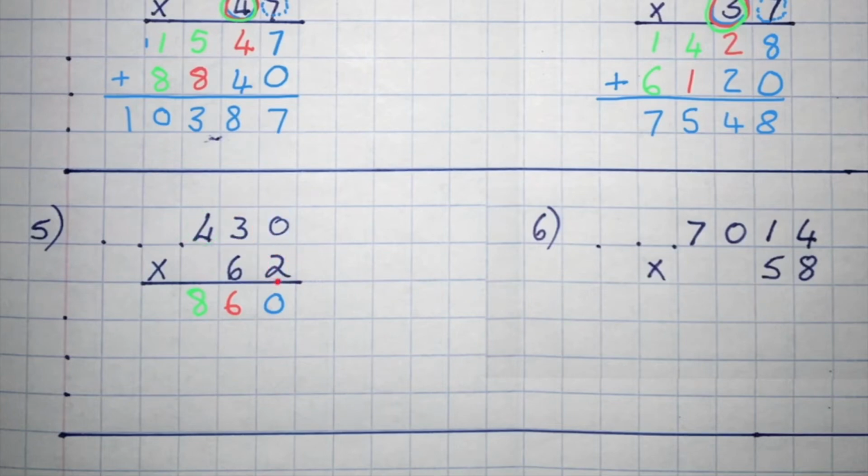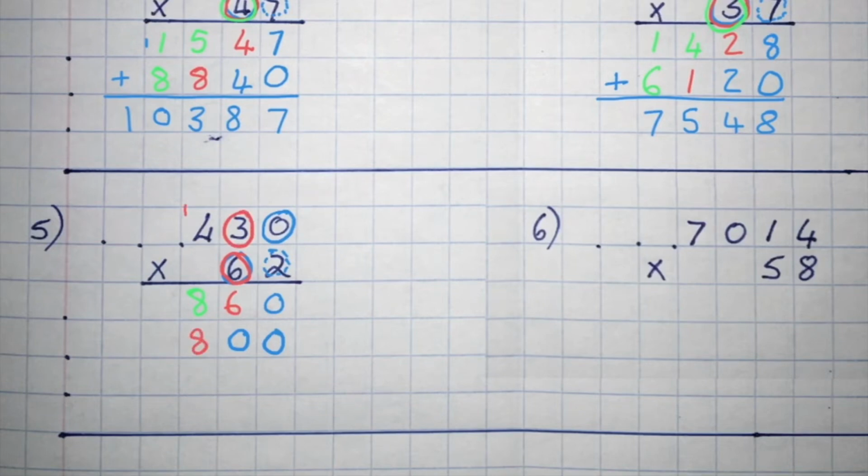Remember, there is something hiding underneath the 2. Yes, it's a 0. And now we start the next line. And I now say 6 multiplied by 0 is 0. Then I say 6 is multiplied by 3, and I get 18.